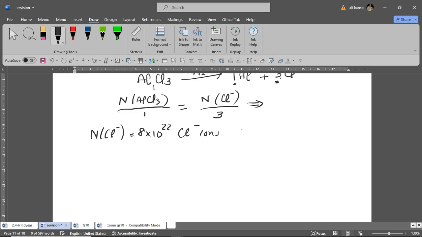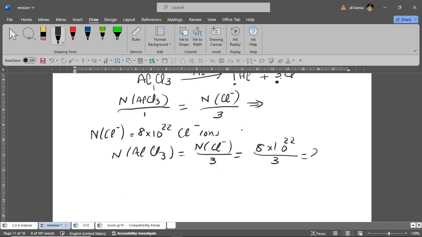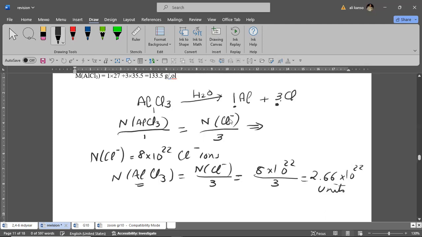So we replace: N of AlCl3 is equal to N of Cl minus divided by 3, equal 8 times 10 to power 22 divided by 3. We get 2.66 times 10 to power 22 units.